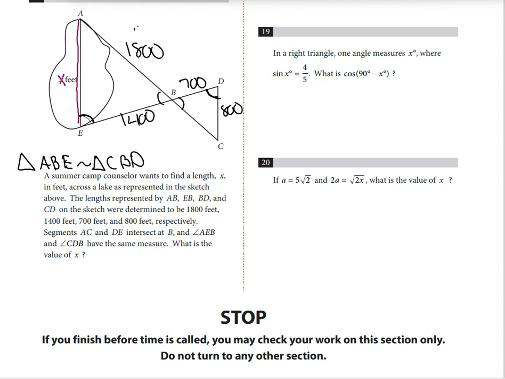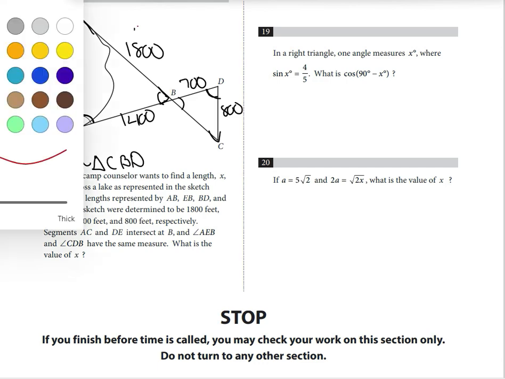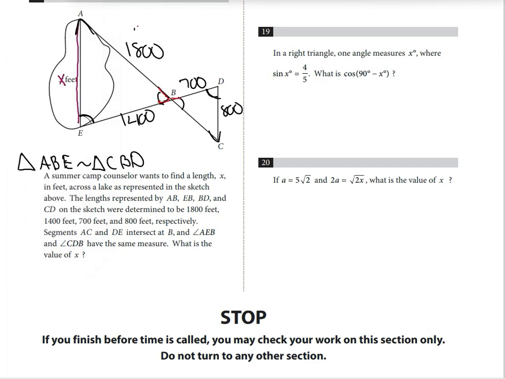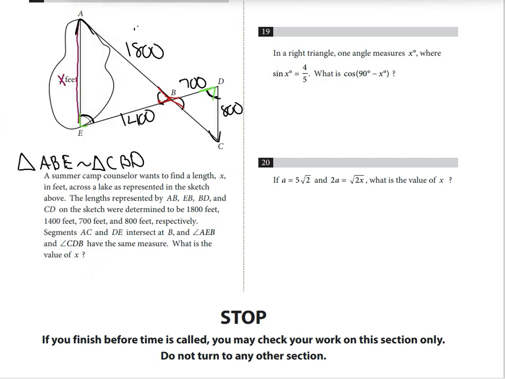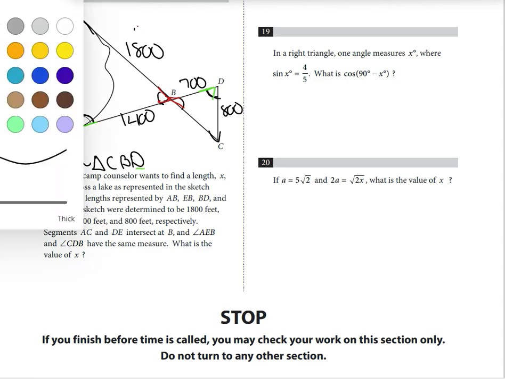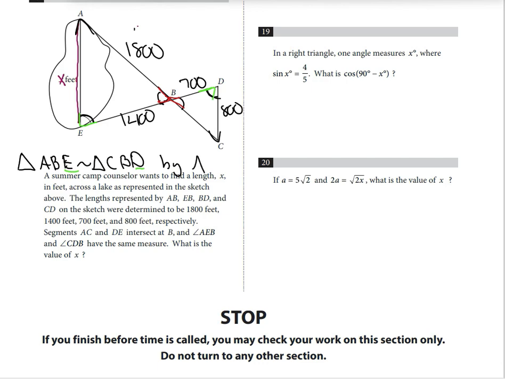So we're matching up our corresponding angles. A corresponds to C, B corresponds to itself. This angle here and here correspond. This angle here and here, E and D, correspond. By angle-angle similarity, that allows us to make up some proportions.